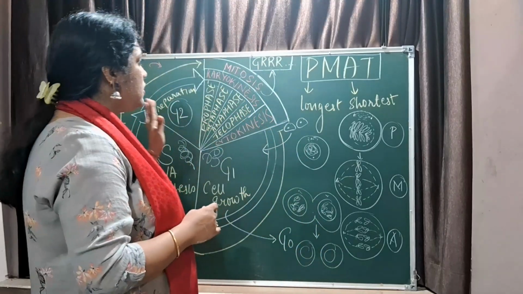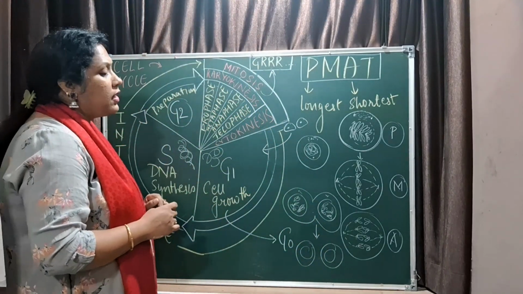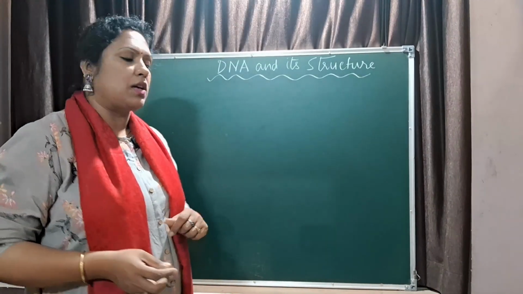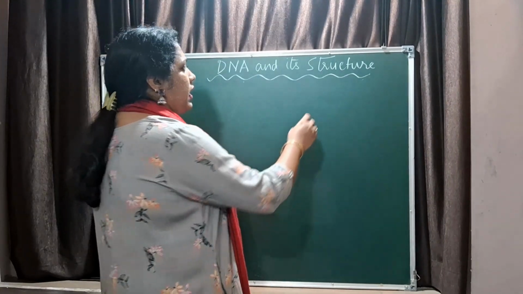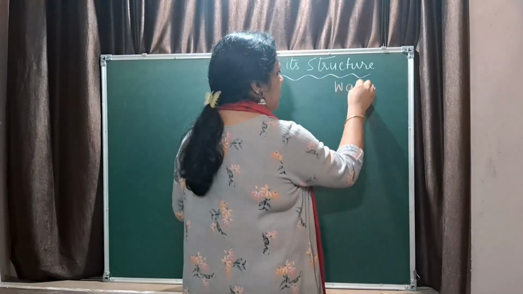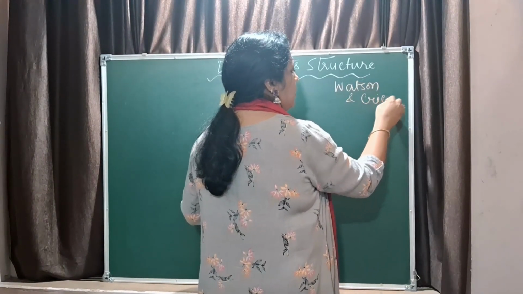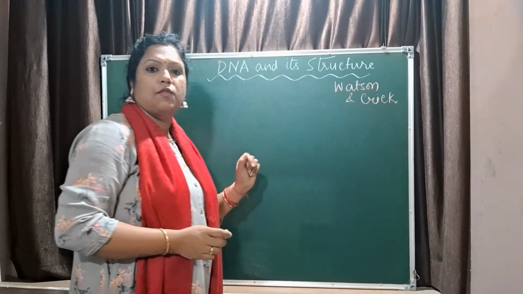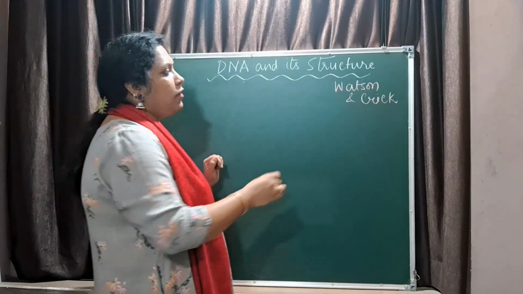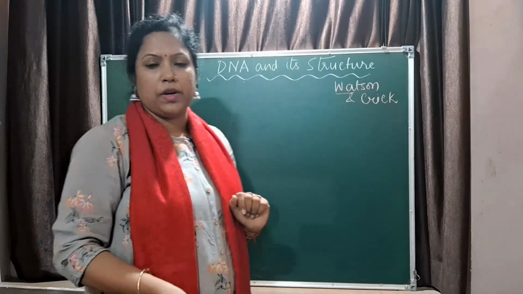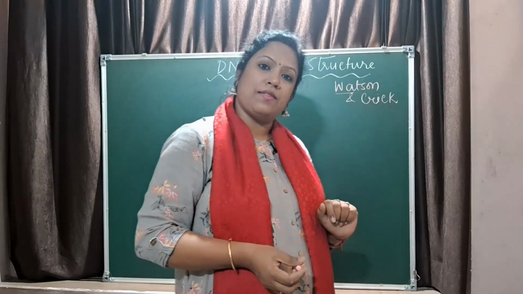Now this is all about the cell cycle. Let us move to the next part of the chapter, that is DNA and its structure. The one who gave the DNA structure was Watson and Crick. Watson and Crick got the Nobel Prize in the year 1956 for the structure of DNA, and we have just lost Watson in November 2025 at the age of 97.